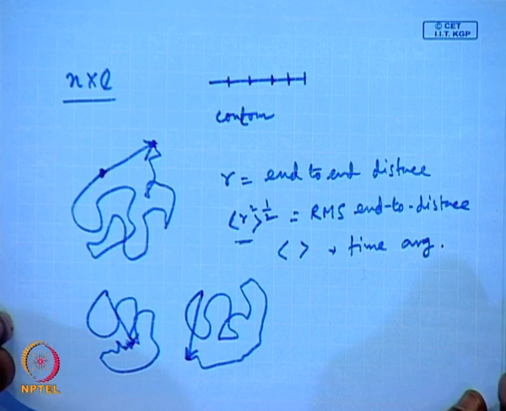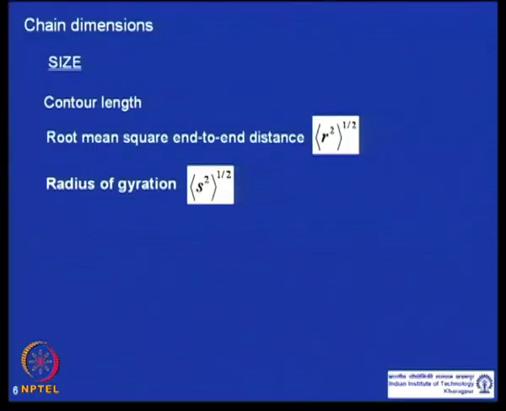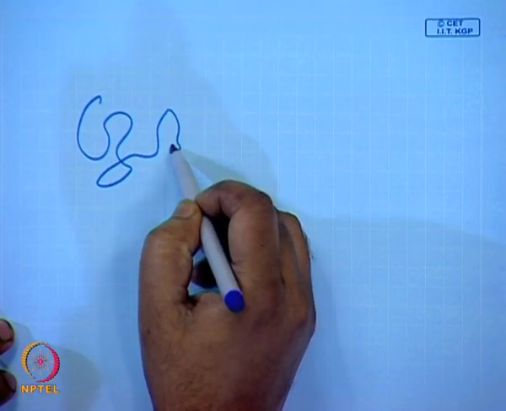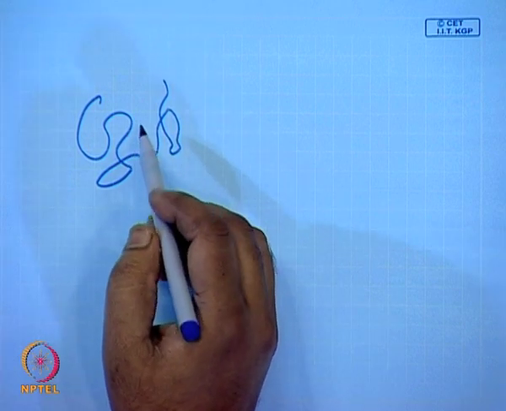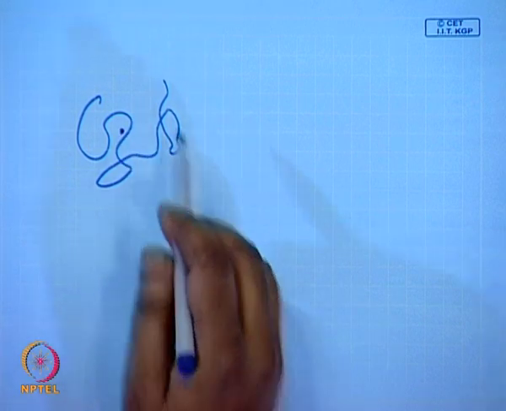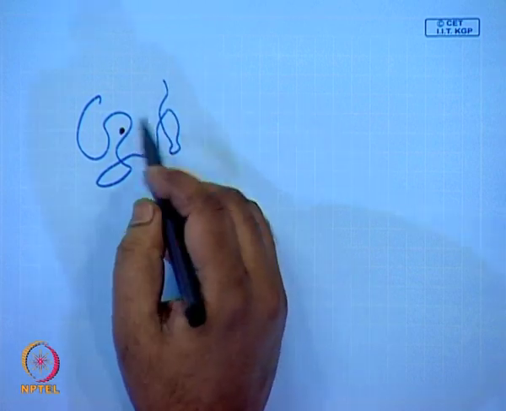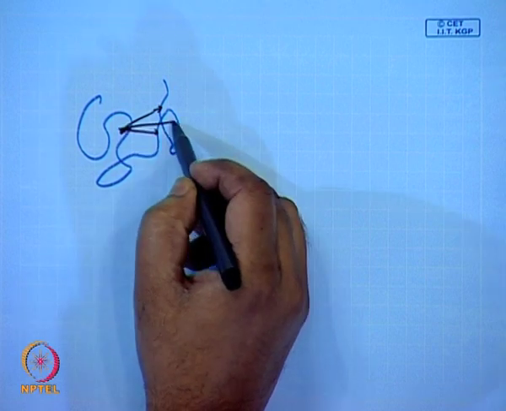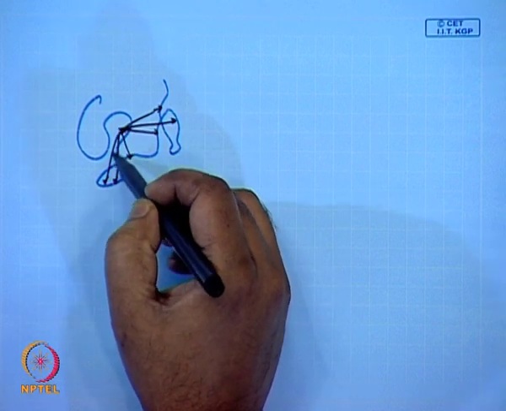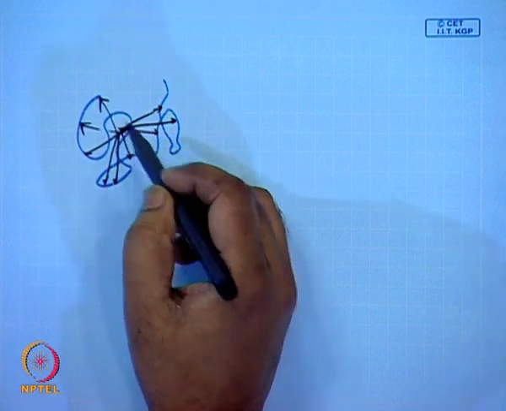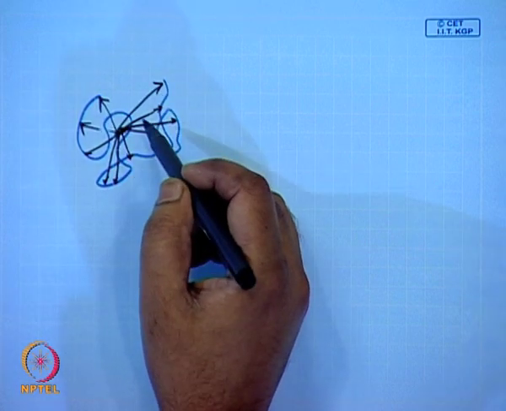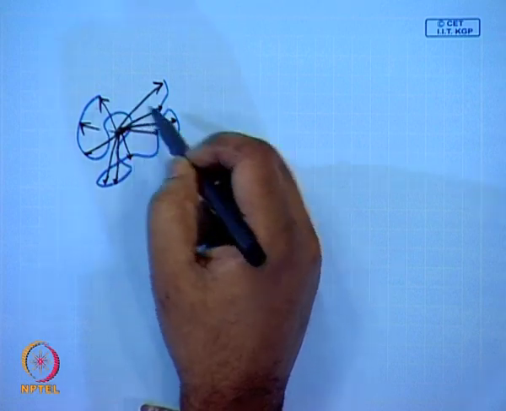Now, the third parameter which we can mention is the radius of gyration. Radius of gyration is defined as the root mean square distance of the elements of the chain from the center of gravity of the coil. So, if you have a coil and this is the center of gravity, then these are the distances of all the segments, all the elements, numerous numbers.